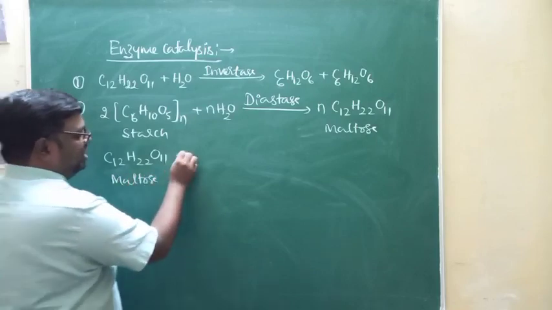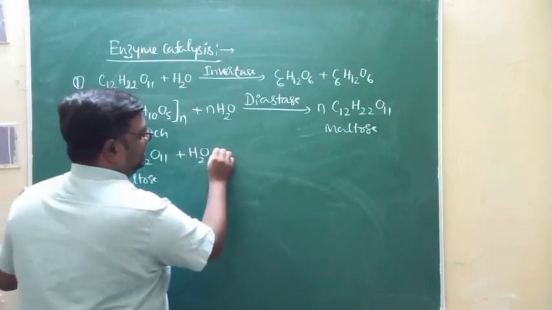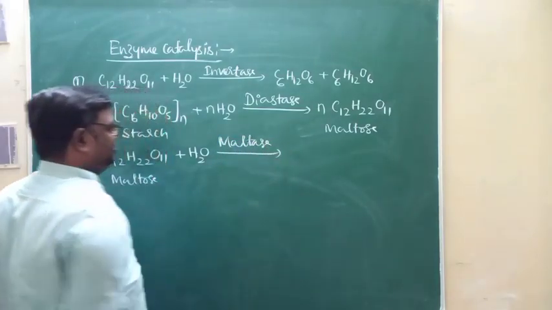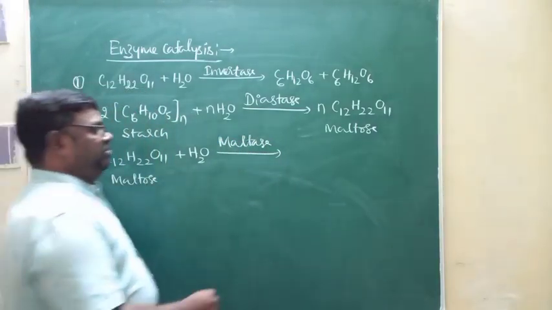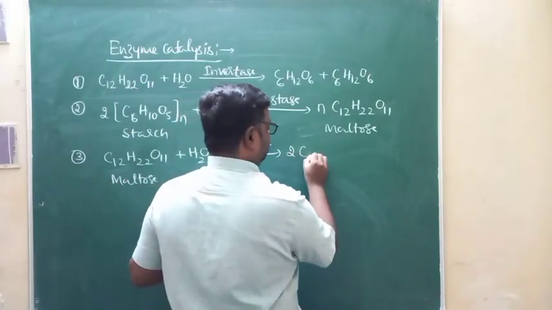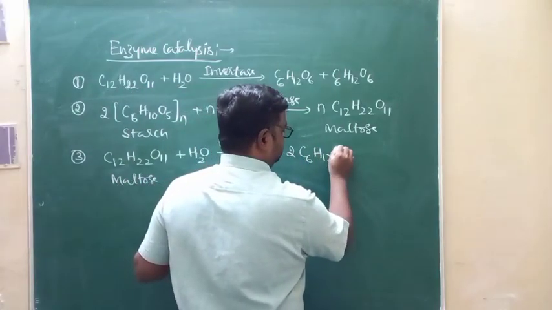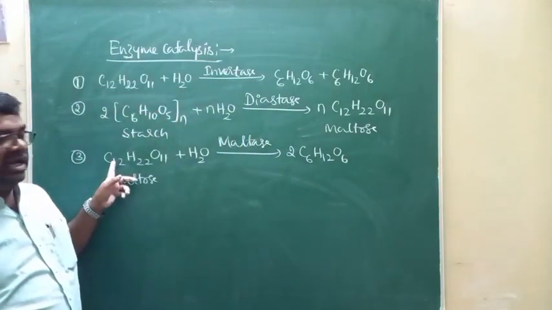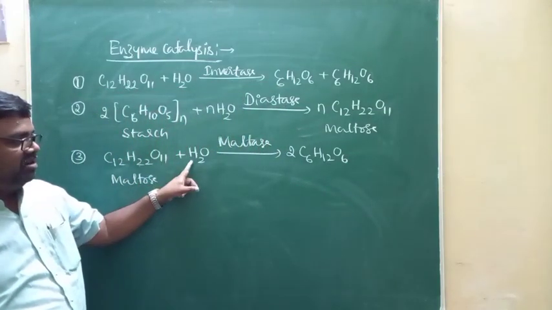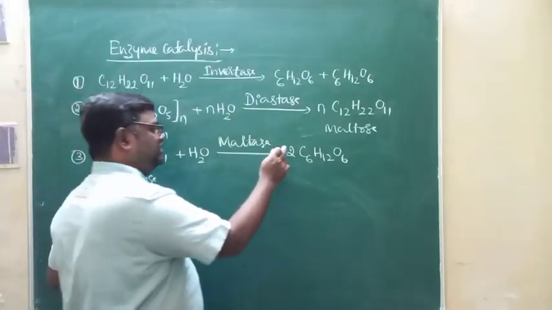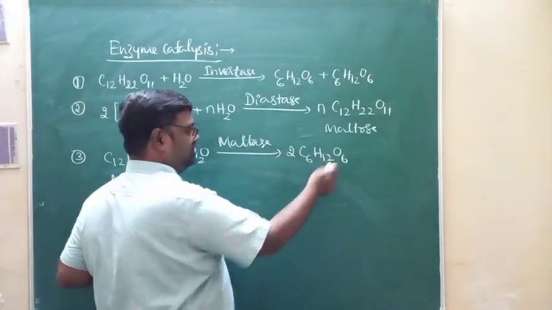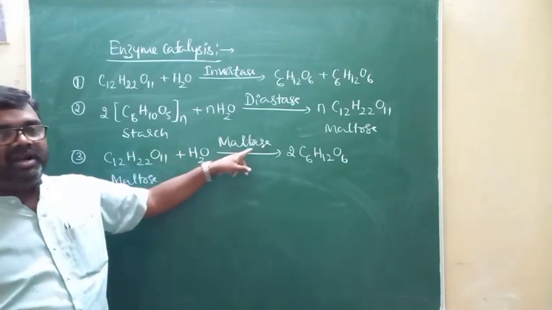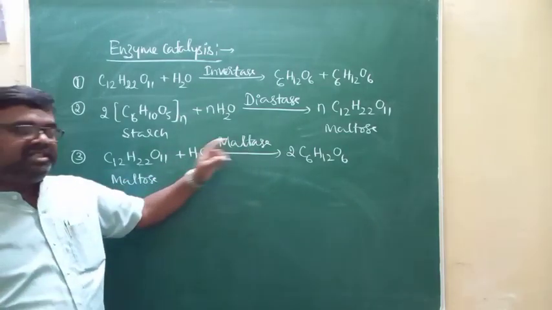Maltose undergoes hydrolysis in the presence of an enzyme called maltase, which leads to the formation of two molecules of glucose, C6H12O6. And of course, maltase is an enzyme. The source of maltase is, once again, yeast cells.